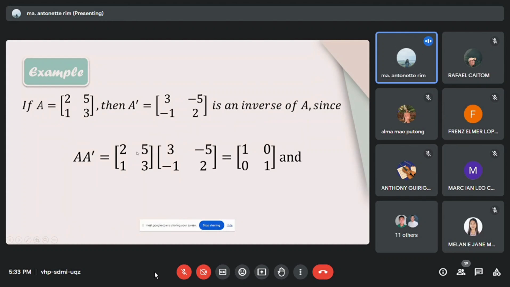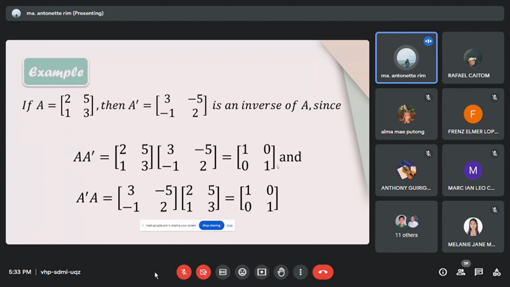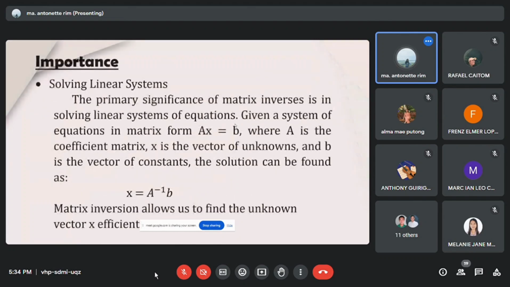If we multiply that, the product is an identity matrix, and A inverse multiplied by the original matrix A, [3, -5; -1, 2] times [2, 5; 1, 3], is also an identity matrix. So pwede siya magkabaylo-baylo. A times A inverse is the same as A inverse times A. Clear?